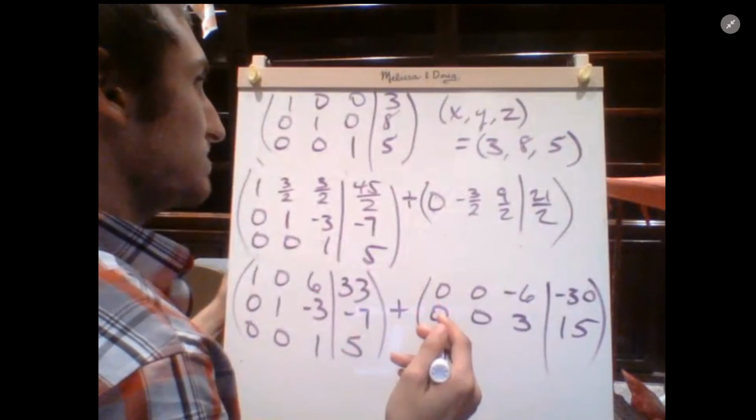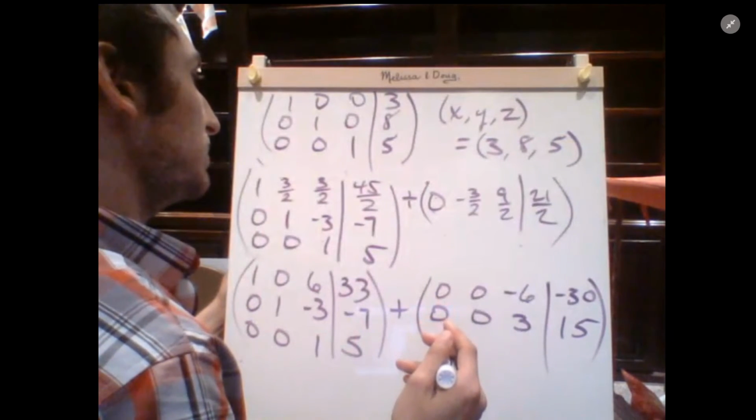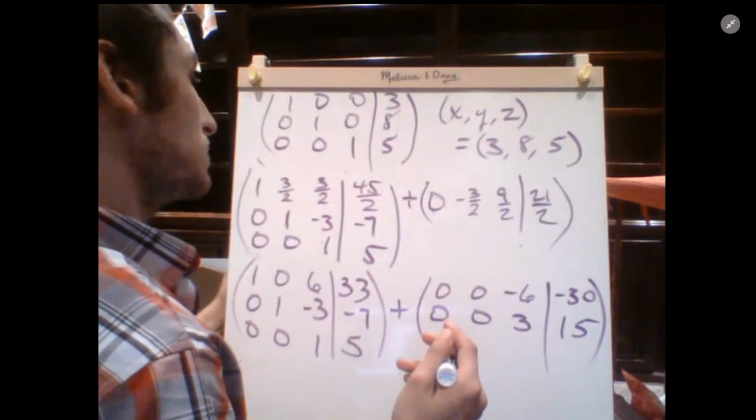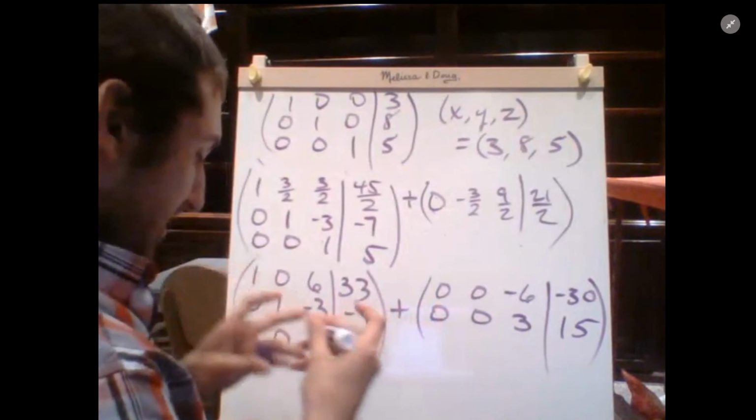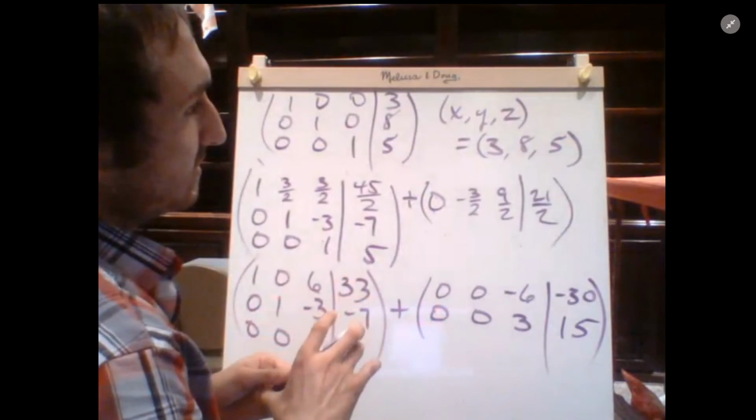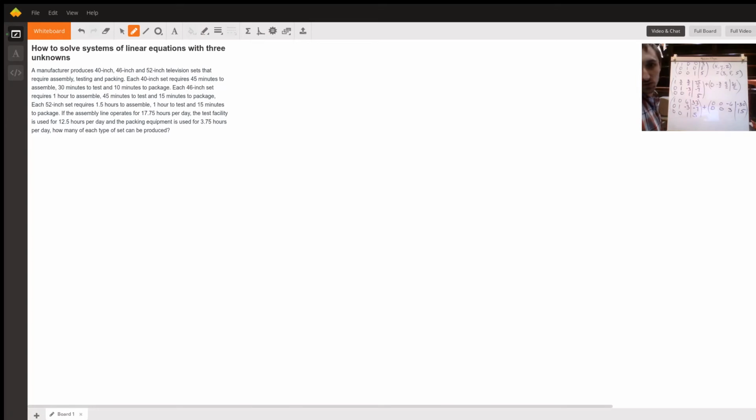Which means that we can make 3 televisions of 40-inch, we can make 8 televisions of 46-inch, and we can make 5 televisions of 52-inch in one day. So, solution written a different way: x is equal to 3, y is equal to 8, z is equal to 5.